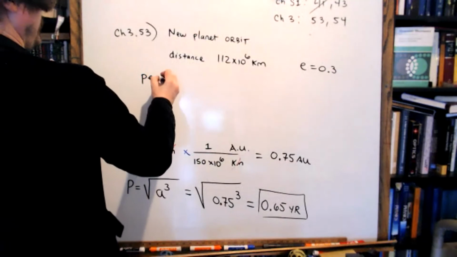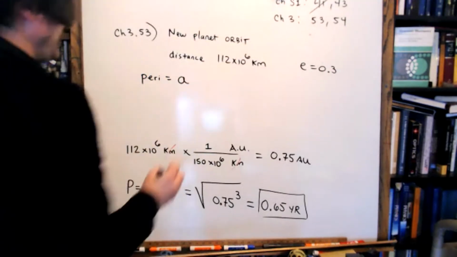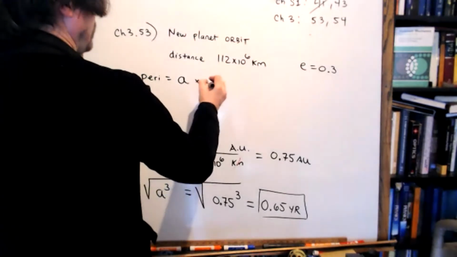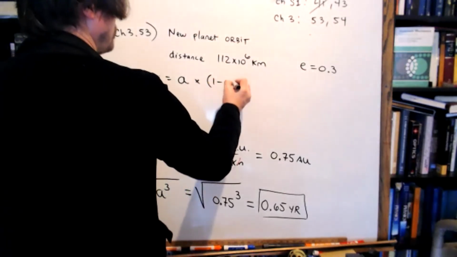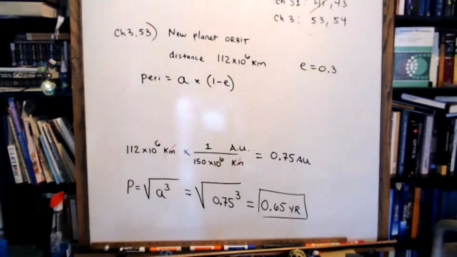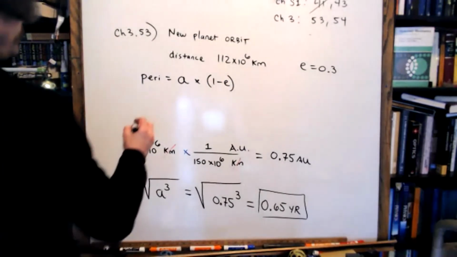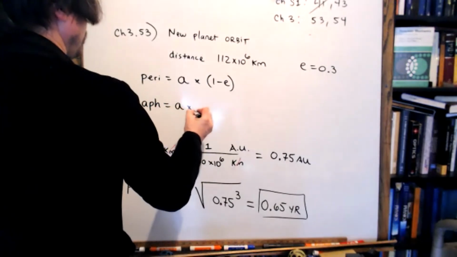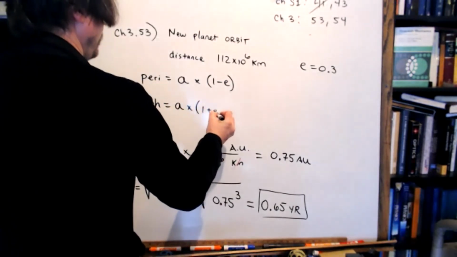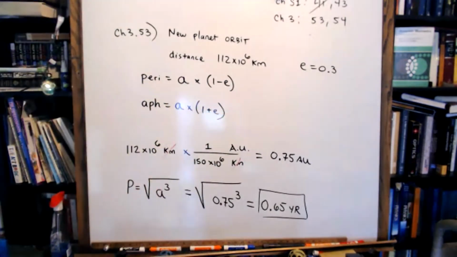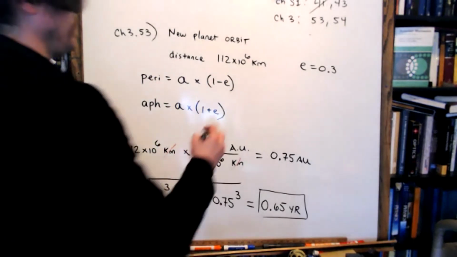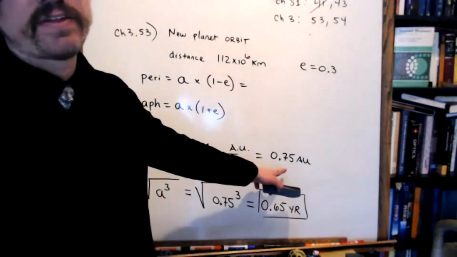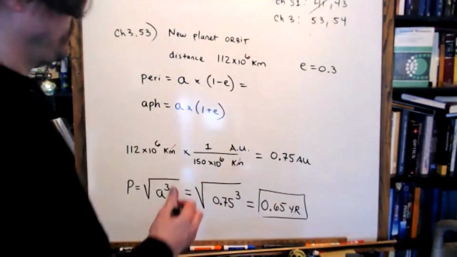The perihelion is A, the semi-major axis, times open parentheses 1 minus the eccentricity. The aphelion is A times 1 plus the eccentricity. I'm going to keep my A in astronomical units because that's a nice unit to use.